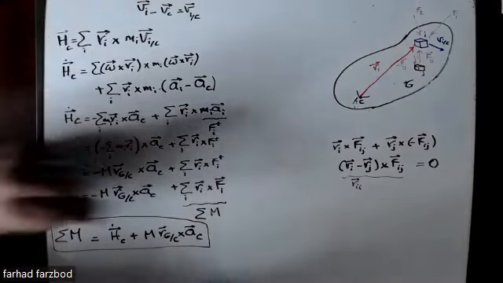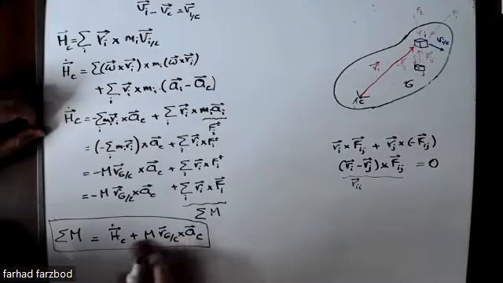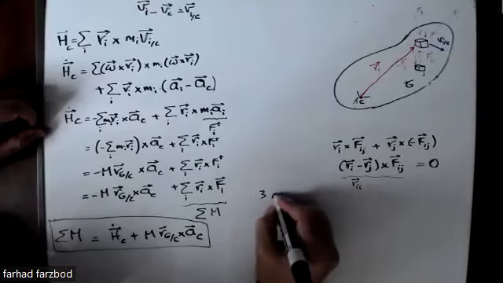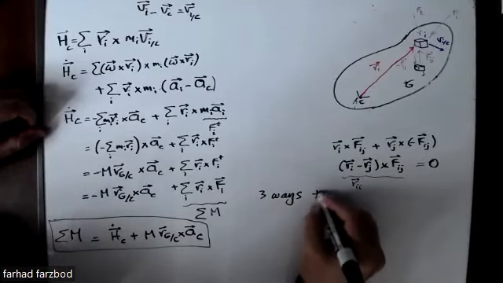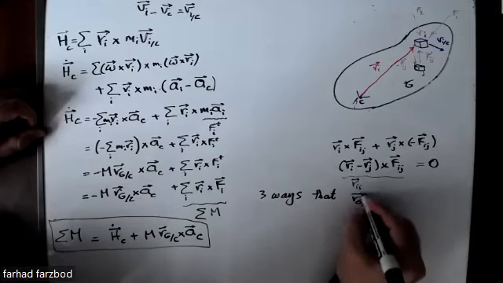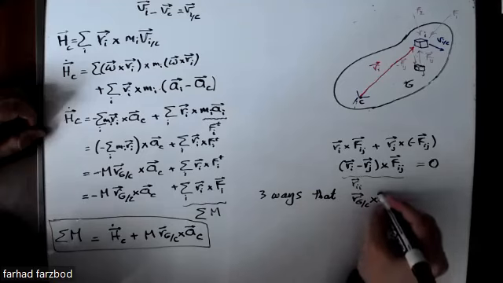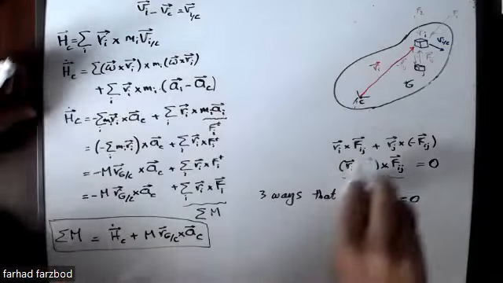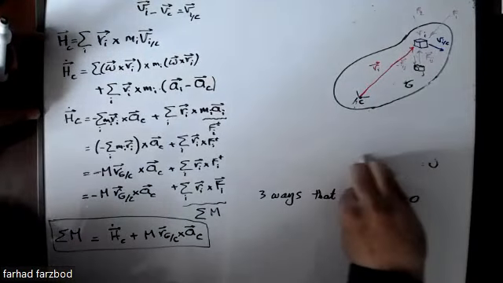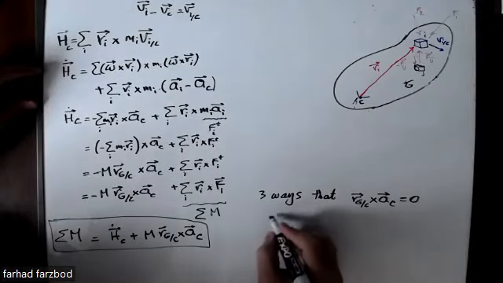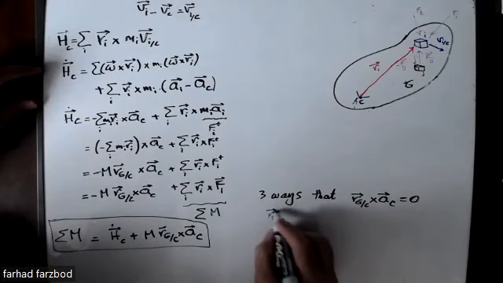look at this term. There are 3 ways that RGC cross AC can be 0, right? One of them is that RGC is 0, right?